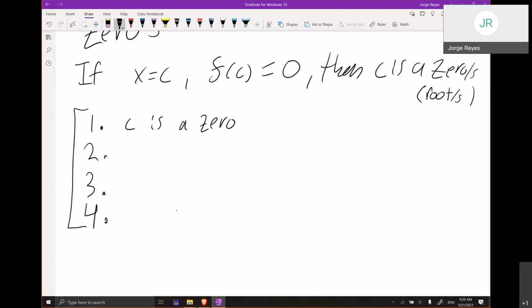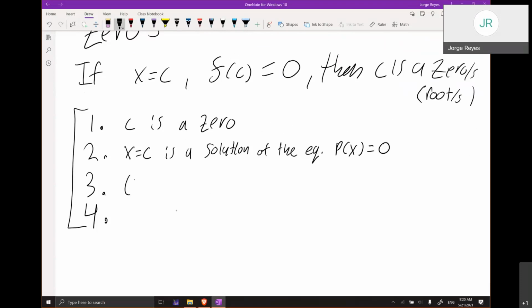You can also say x equals C is a solution of the equation P of x equals 0. That's how we find zeros, right? We do number 2.